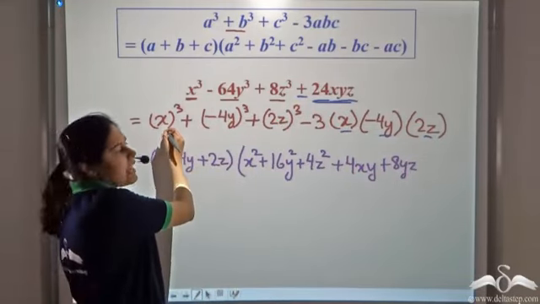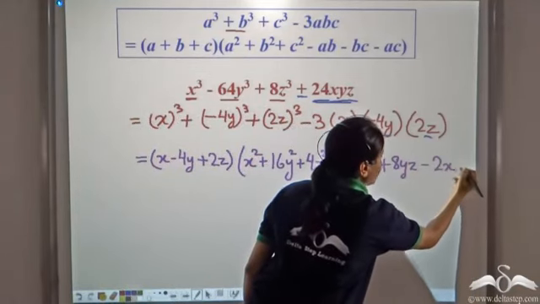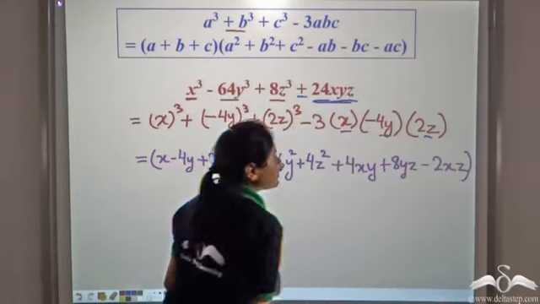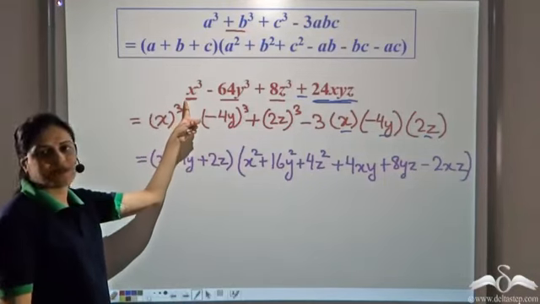So minus x into 2z, minus 2xz. This is the factorized form of this expression.